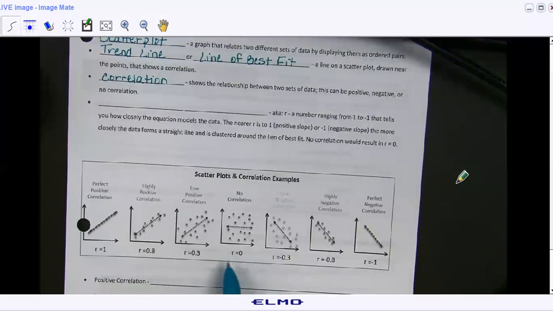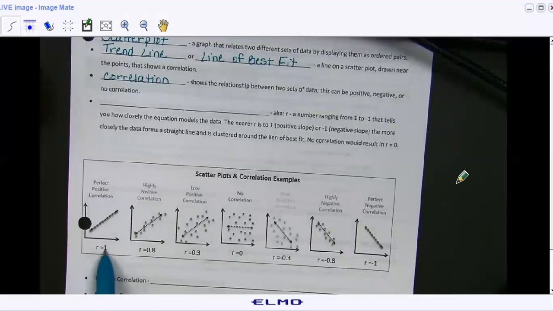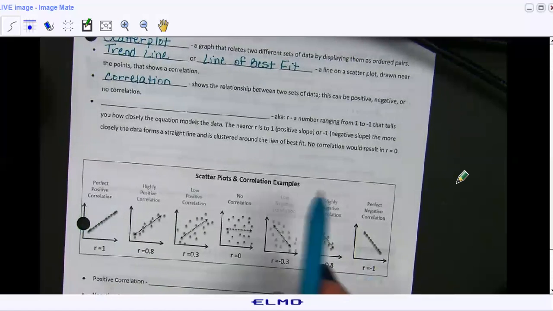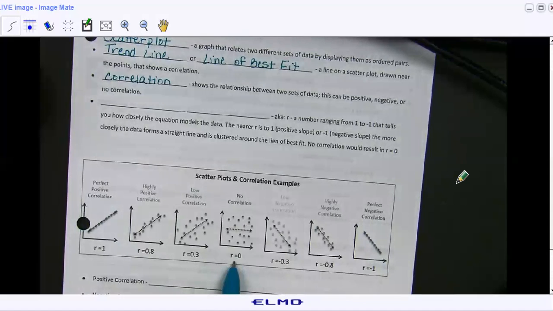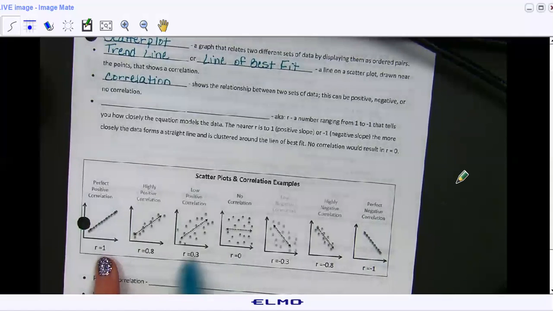The R stands for the correlation coefficient. It's a value between -1 and 1 that describes what your line is. If your line is a 1, that means it's a perfect positive. If it's a -1, it's a perfect negative. If it's a 0, there's no correlation at all. If it is somewhere between 0 and 1, there is some form of a positive correlation.